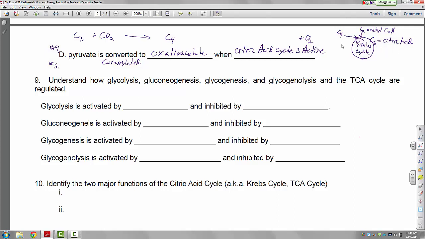The 5th fate is also oxaloacetate, but for a different reason. This is when glycogen or glucose is low. We need to make new glucose. So this is when gluconeogenesis is active.